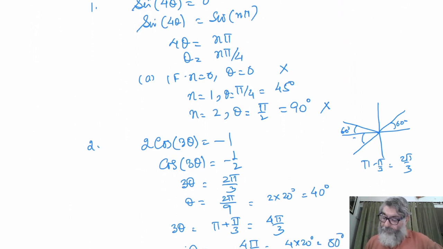Possible solutions will be pi by 4, 2 pi by 9, and 4 pi by 9. These are the values acceptable to us. Thank you.